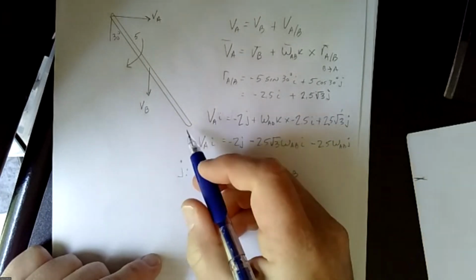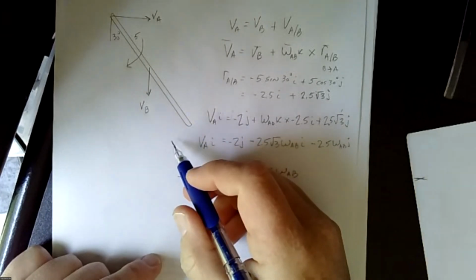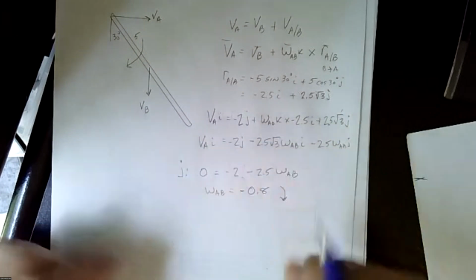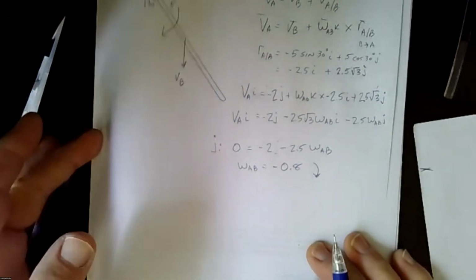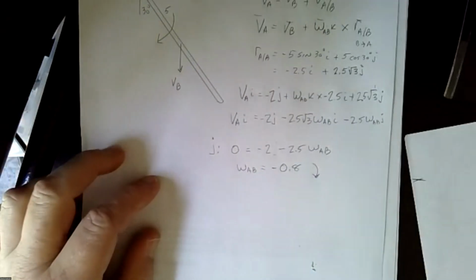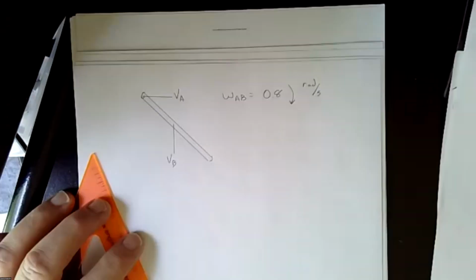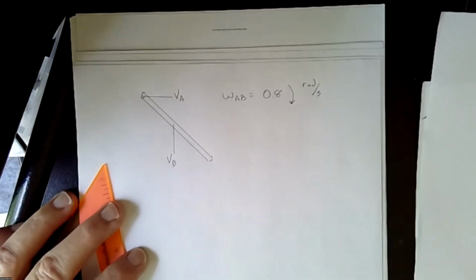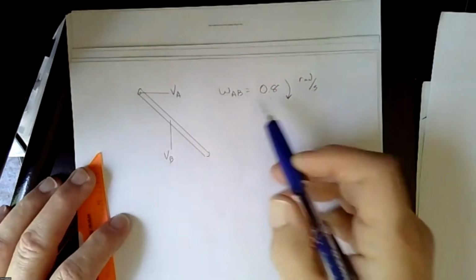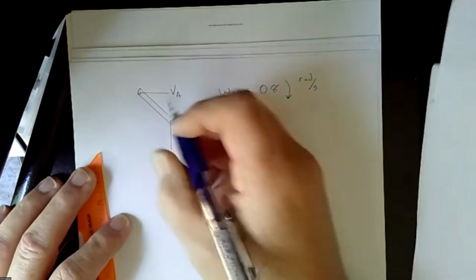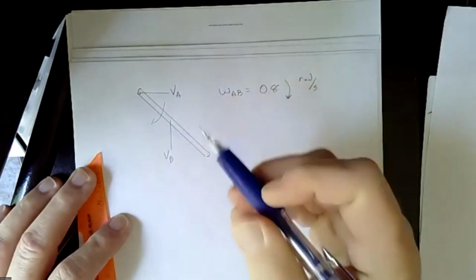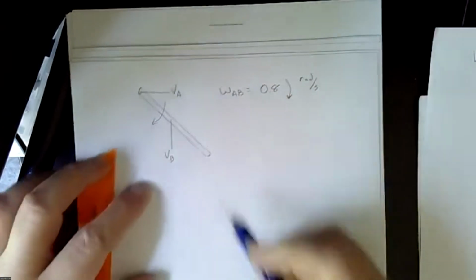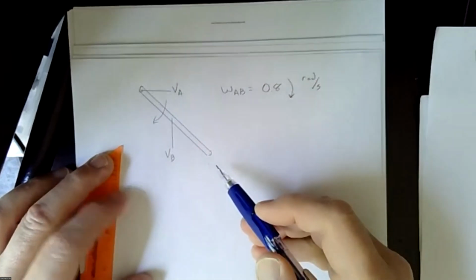So that's the omega. Then the other part is, what is the velocity of the door? Now, if we look at the door, let me just redraw this real quick. So here it is redrawn. Now, we know omega AB, so that's going to help us a lot because we know the direction it's going. We know that the omega has to be the same throughout the whole bar.